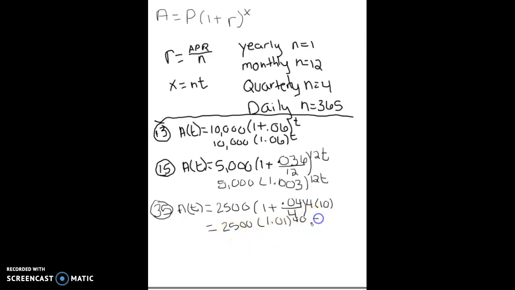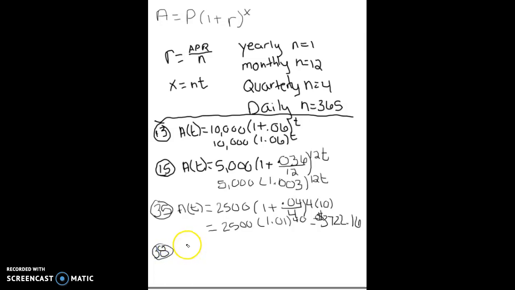And that equals $3,722.16, and that's dollars. $3,722.16 from that one.